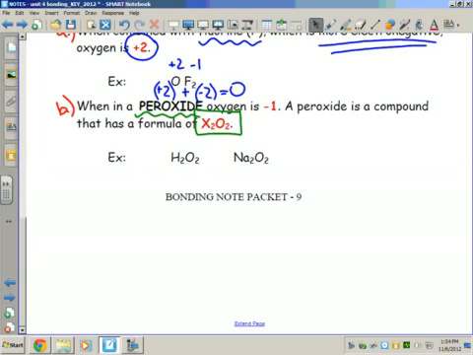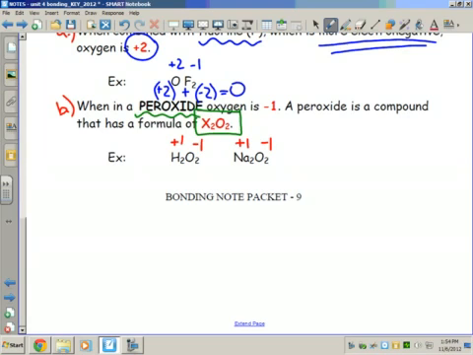In this case, in a peroxide, oxygen has the charge -1, which means since there's two of them and there's two hydrogens, the hydrogens must be +1, which again is good for the hydrogens because that's their top choice for oxidation number. It's the first one you see. In the peroxide next to it, this one being sodium peroxide, sodium has a rule with no exceptions. It's +1. That means the oxygen has no choice in this case but to be a -1 in order for us to get an overall charge of 0.